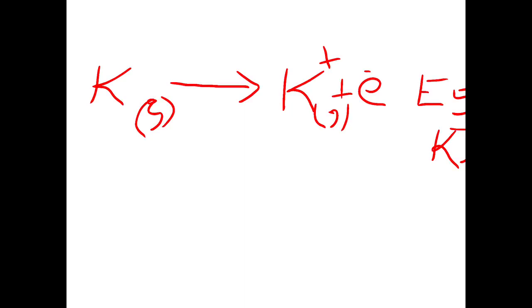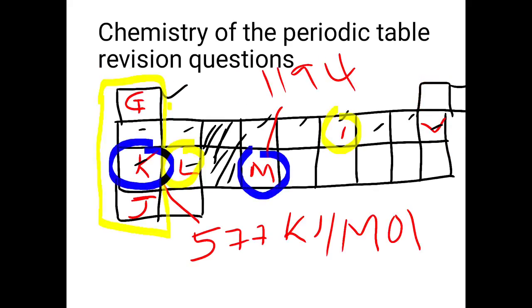In your book, you can write that one in just one sentence and the equation will be correct. And then we try to write now the same for the next element, which is M, which we are told is 1194 kilojoules per mole.